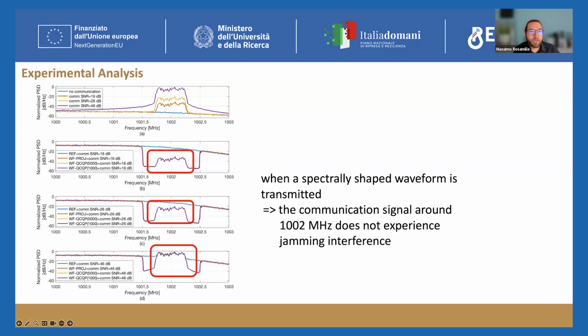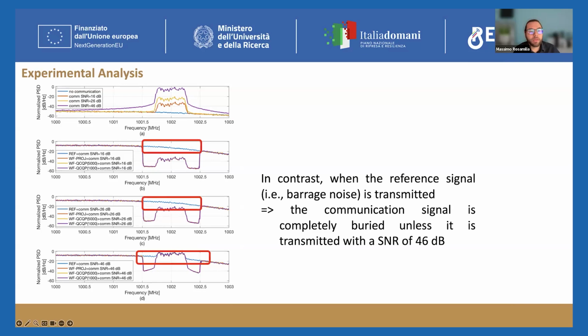Indeed, you can clearly see its spectrum here. Whereas when the reference signal is transmitted, you can see that the communication signal is completely buried in the interference, unless it is transmitted with a very high SNR, which is this last figure here.